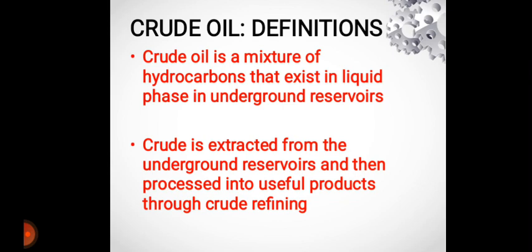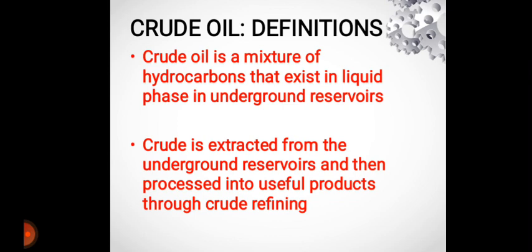Crude oil is a mixture of hydrocarbons that exist in liquid phase in underground reservoirs. Crude exists in between sedimentary rock layers, and in these layers or cavities, it may coexist with other substances such as water or even gas.